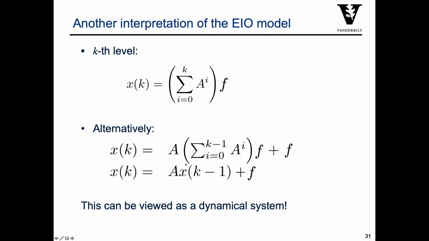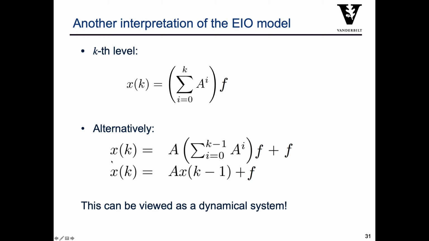In other words, this term right here is x of k minus 1. Fine, call it that. Instead of having this really complicated expression, which kind of came out of thin air, if we call it what it truly is, which is x of k minus 1, then you get something that looks an awful lot like a dynamical system.